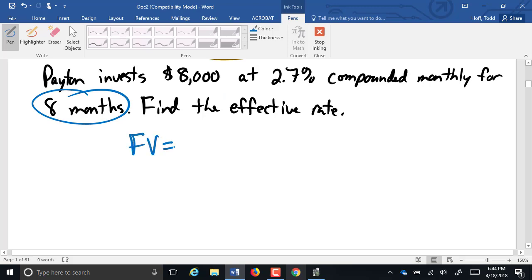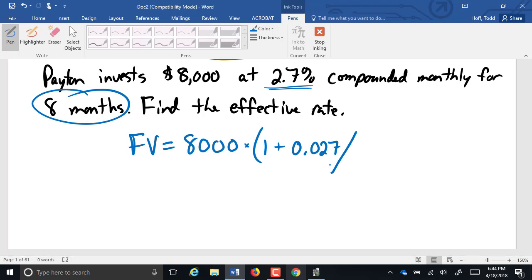So our future value here is our present value of $8,000 times 1 plus 2.7%, which is 0.027, divided by, now here's where a lot of people get confused.